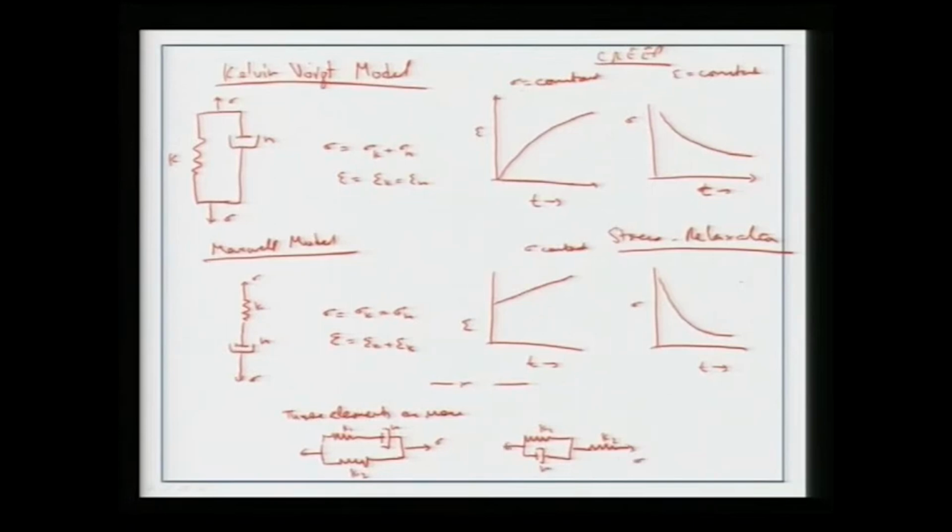But again we need to have a dependence more like e power i omega t, or sigma equal to sigma naught e power i omega t plus delta, where omega is the applied frequency and delta is the phase lag occurring between the stress and the strain. So this type of structure, or maybe a more complicated arrangement, is required to mimic the overall stress strain behavior of the bone.